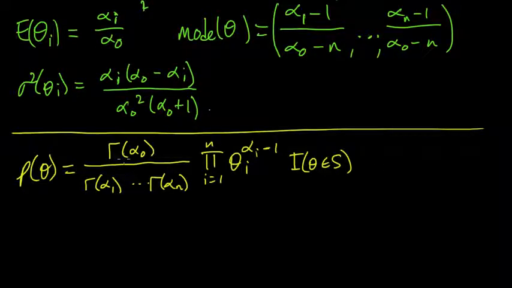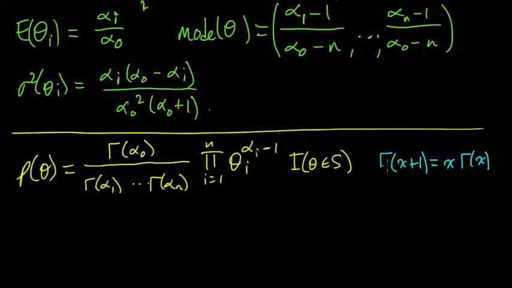And a property which is going to be useful, I thought about this a little bit ahead of time, is that the gamma function satisfies the following property. Gamma of x plus 1 equals x times gamma of x. The gamma function, x could be a complex number.